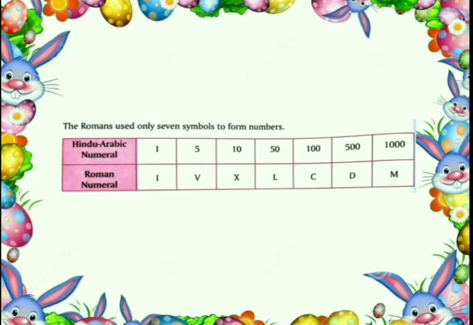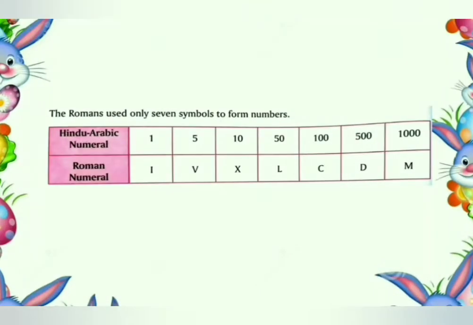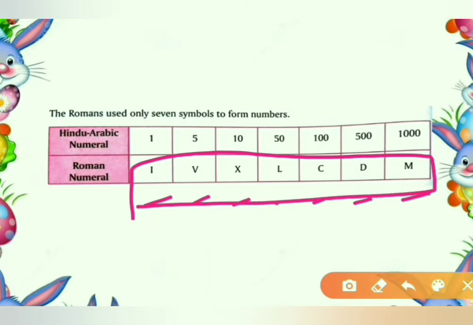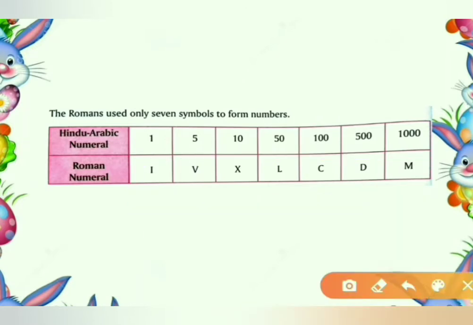There are 7 symbols used in the Roman numeral system. They are I, V, X, L, C, D and last M. These are all the 7 symbols used in Roman numerals. I stands for 1.